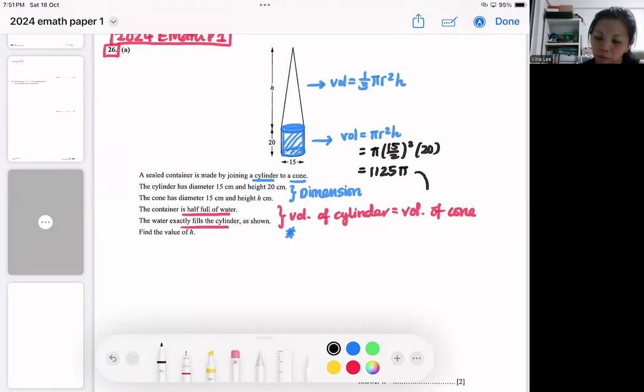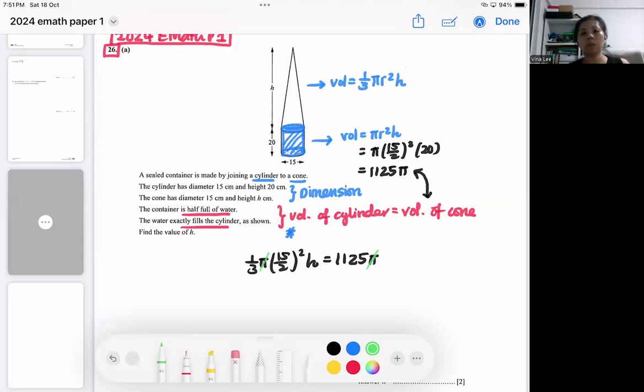Essentially, this is also the volume of the cone. So 1/3 pi r square times height should equal the same volume. Keeping it in terms of pi, at this stage you can cancel, and then I'm quite sure you can work out the value of h. The critical part of 26A is that you must realize the volume of the cylinder is equal to the volume of the cone, or else there's no way you can find it out.